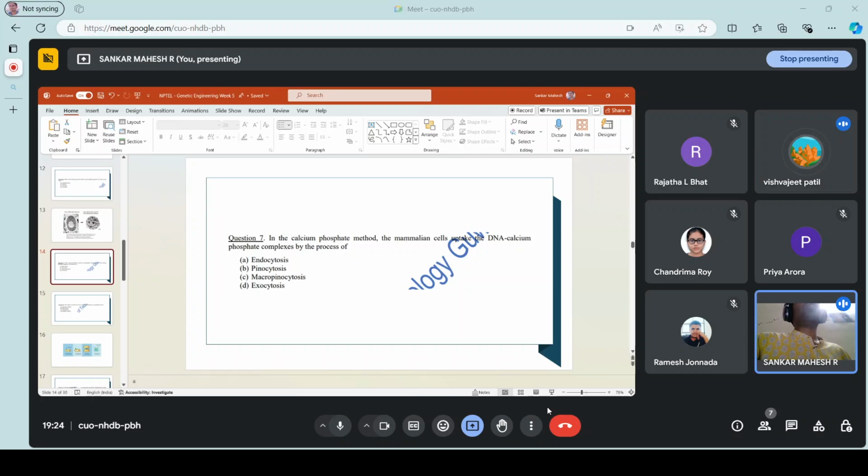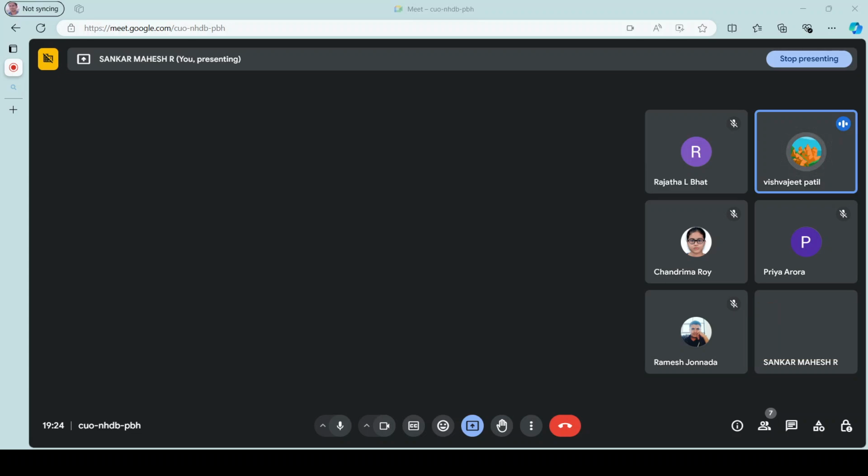But owing to the size of the DNA, it can't be called pinocytosis because in pinocytosis it's majorly the liquid, whereas in endocytosis it is not majorly the liquid, it's the physical form. So that is why we don't call this method pinocytosis or macropinocytosis, whereas we call it endocytosis.